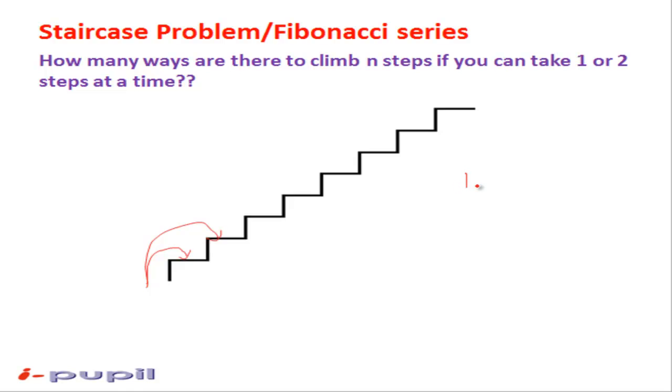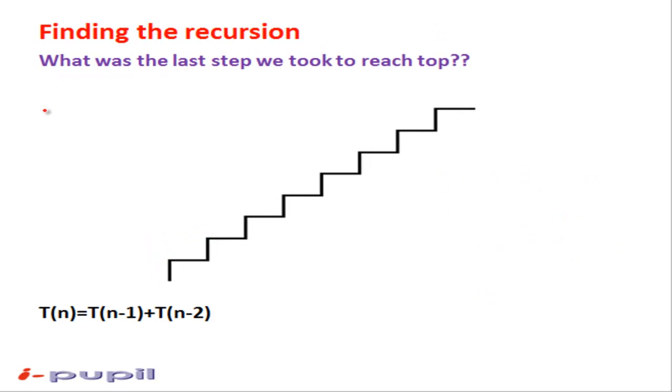We can take all 1 steps to reach the top, or we can take all 2 steps to reach the top, or we can take a combination of 1s and 2s to reach the top. Our task is to find the number of ways in which we can reach the top. Next, let Tn be the number of ways to climb n steps.